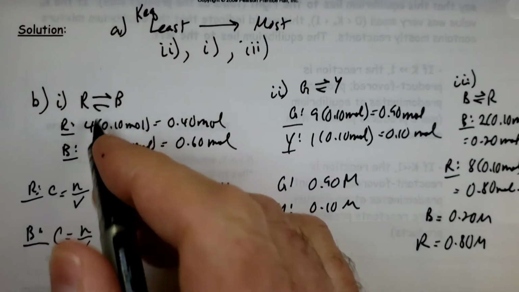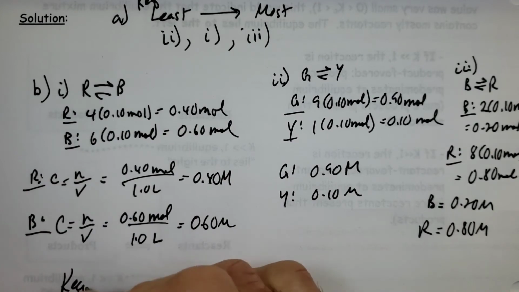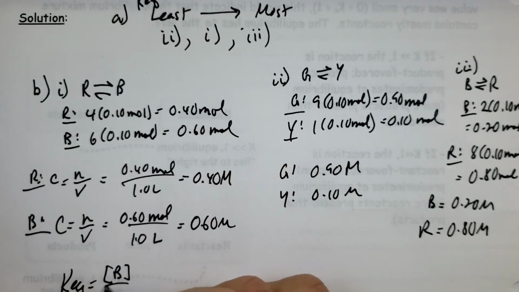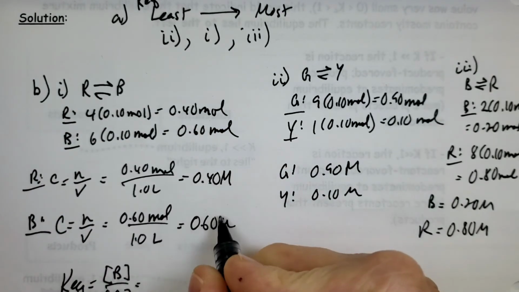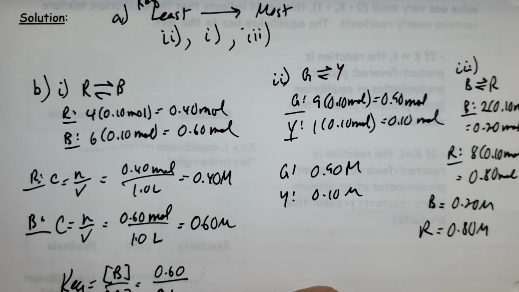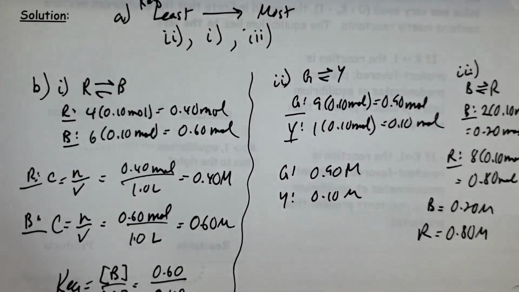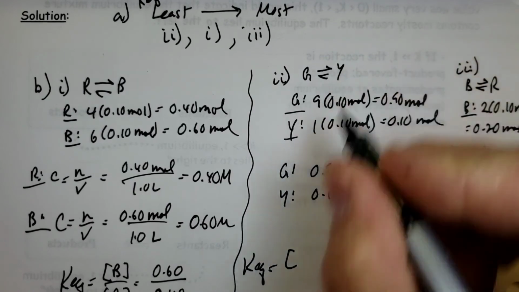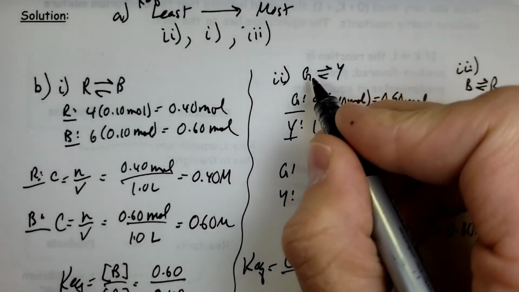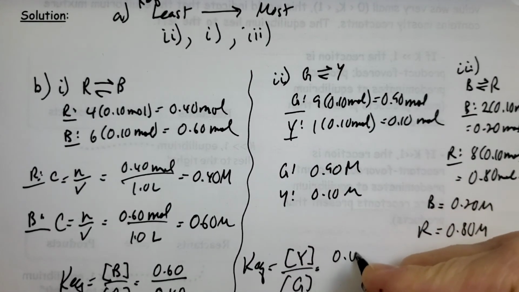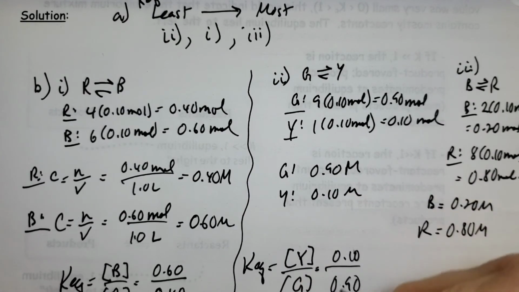So this first one, Keq, is equal to the molar concentration of products over reactants. Products over reactants. So B is 0.6, R is 0.4, so we got 1.5. If I'm doing this one, the equilibrium expression, products over reactants. So product is 0.1 over reactants 0.9.